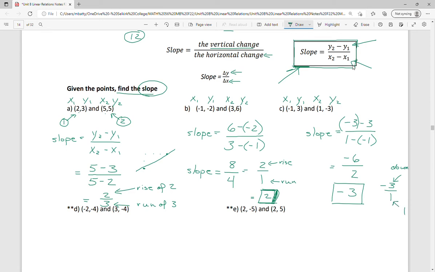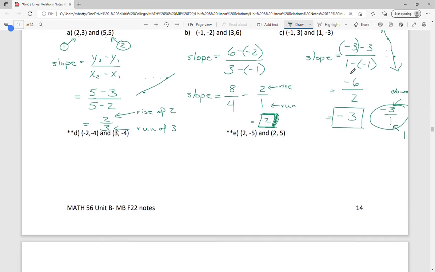And if I take a look at that, from one point to another, this is telling me go down 3 and over 1. I would have a pretty steep negative slope on that line. So again, what you calculate and what it actually means are a little different. So hopefully we can go between those two as you learn this equation.